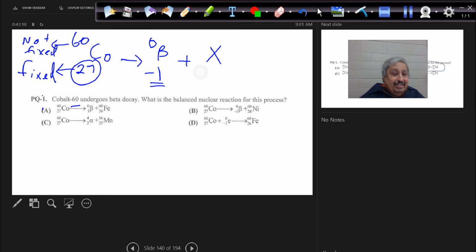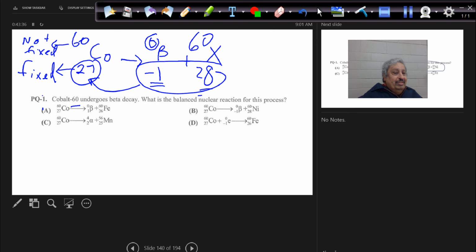So how many is here? 28, not 26. You add those up here, what will be equal to what? 27, correct. How about the top? The top is 60, because this is 0 here. Add those up, it has to equal this.